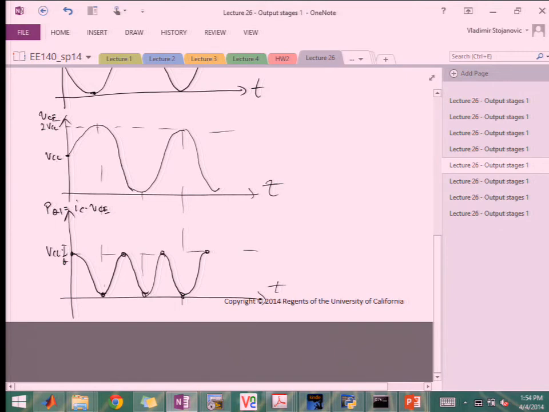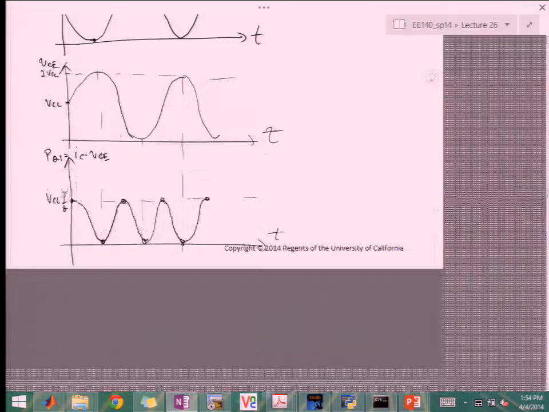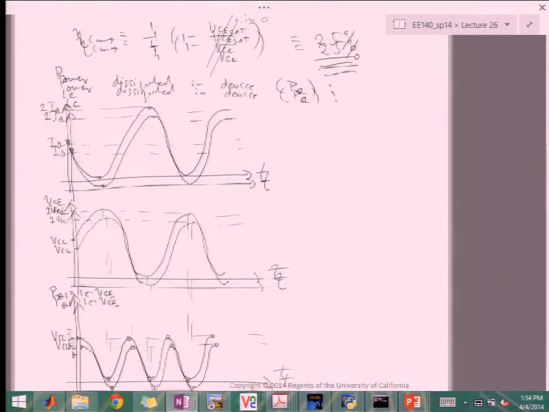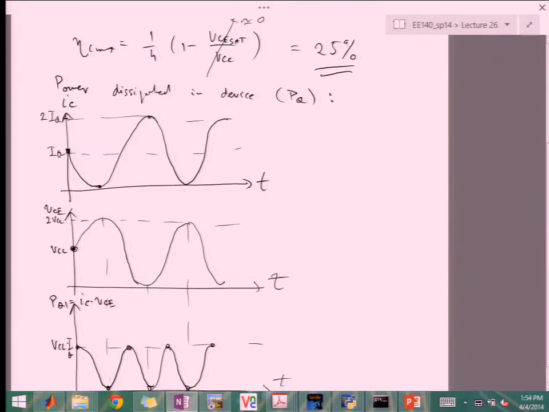Now this is a bit of a bummer, because notice that the largest amount of power that I'm burning in the device is when I'm doing nothing. Notice it's this point of VC being VCC and IC being IQ, which is your quiescent point.